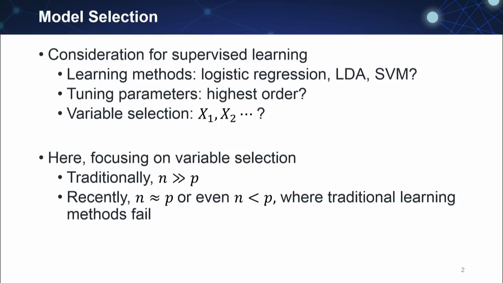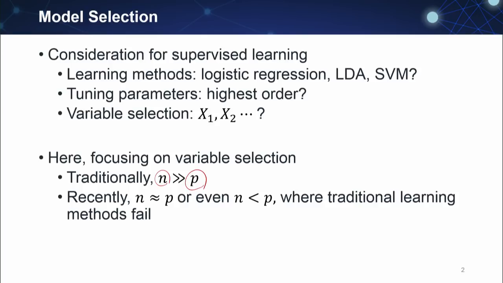Traditionally, a supervised learning problem has many samples compared to the number of input variables, that is, n is much larger than p. However, recently, with big data, the number of samples n has increased a lot.